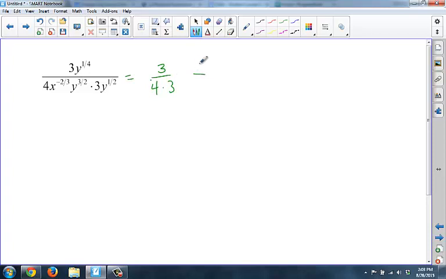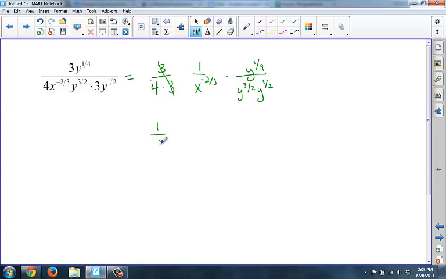I take my x's, 1 over x to the negative 2/3, and I take my y's. So I got y to the 1/4 here, then y to the 3/2 here, and y to the 1/2 here. This here is going to take care of itself because the 3's cancel.